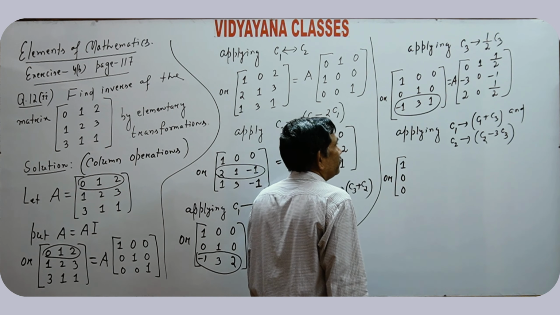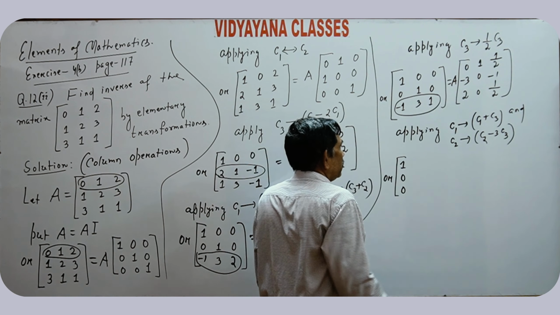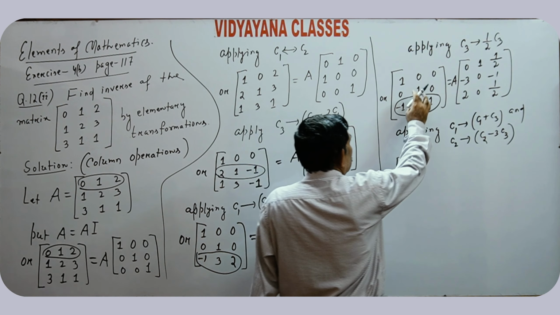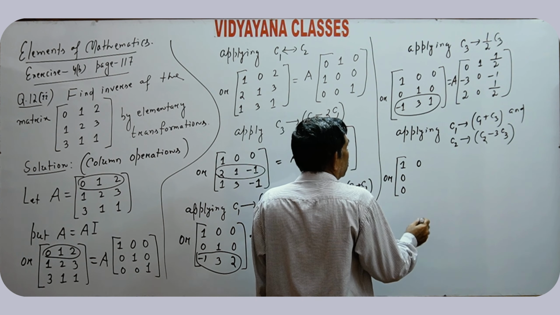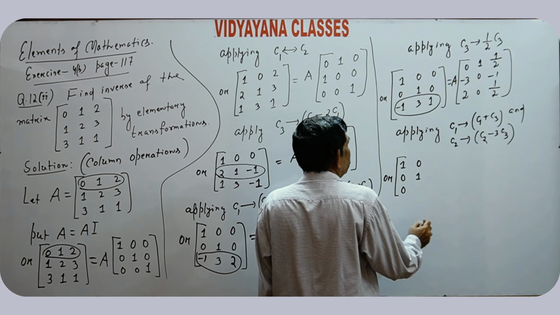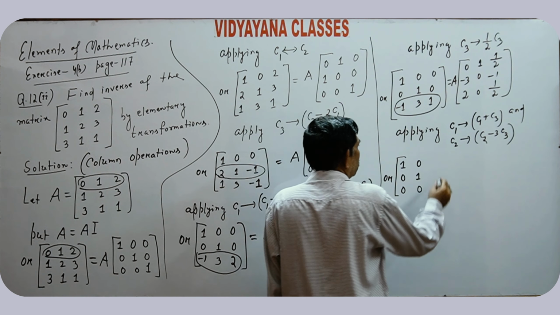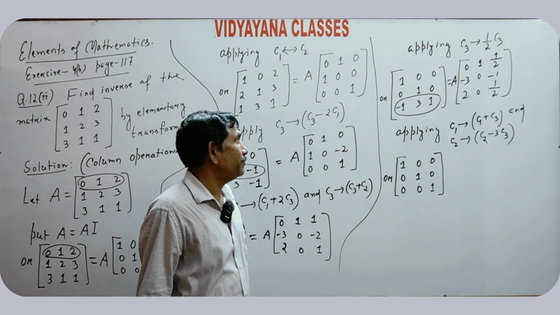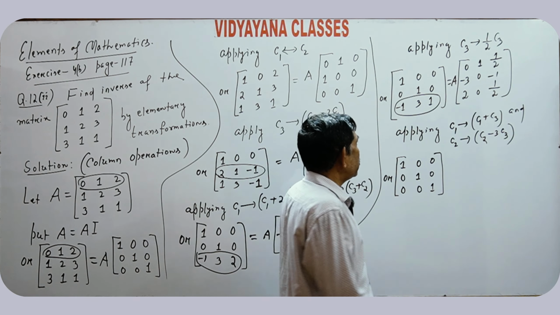Column 2 is replaced by 0 minus 0, that is equal to 0. 1 minus 3 times of 0, that is equal to 1. 3 minus 3 times of 1, it is equal also 0. 0, 0, 1. Clear? Column 2 is replaced by column 2 minus 3 times of column 3.